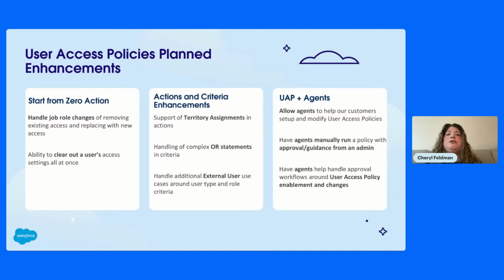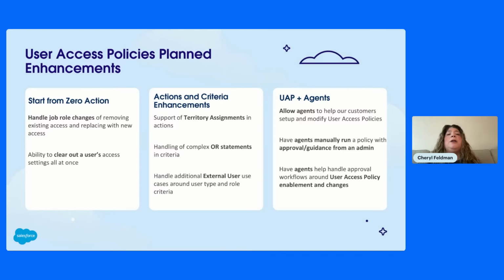So what we're looking at introducing is what I'm calling a start from zero action, where you could have an action in any one of the policies that you choose, that when there's a job role change or this policy runs and a user already exists, it will clear out the access they had previously and then only add the entitlements that are in that policy.